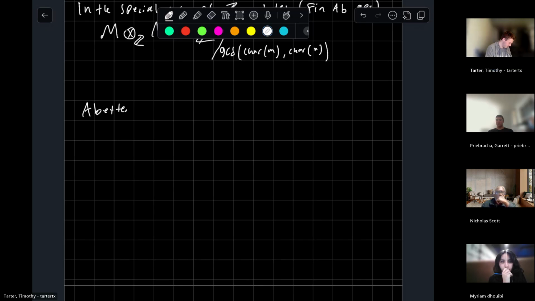A better way of seeing the tensor product.